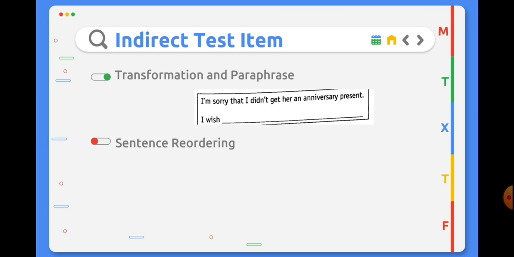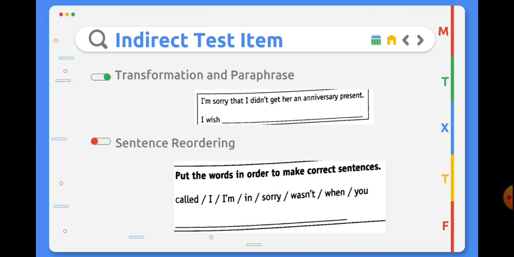Next is sentence reordering. I think you are really familiar with this kind of test item. So these are jumbled words, and then you are expected to reorder them into correct sentences.